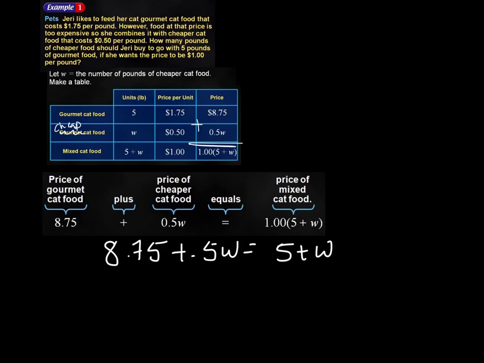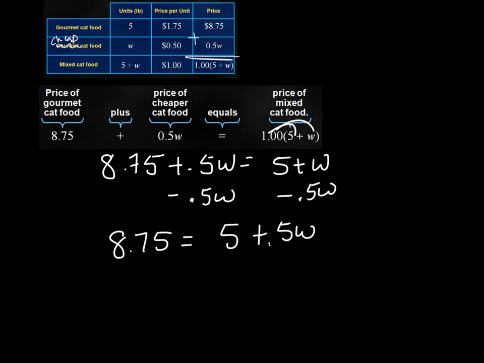Now usually when we're solving one of those, we'd really have something to distribute, but 1 times anything didn't do a whole lot. Okay, so I distributed. Now we want to get W on one side, so I'm going to subtract 0.5 W from both sides of the equation. And now I've got W on one side, so I'm going to subtract 5 from both sides of the equation.